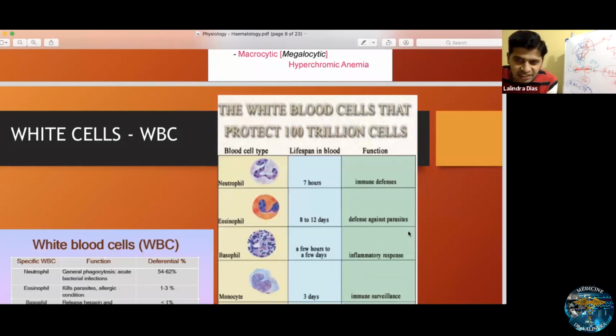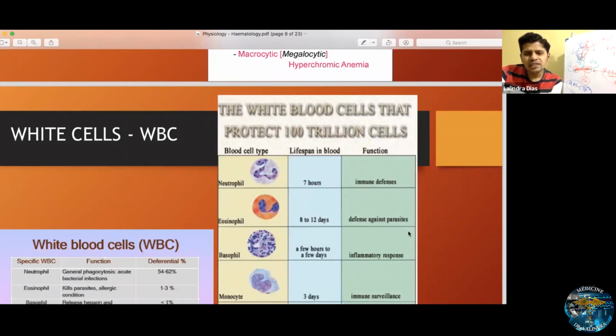When you get a parasitic infection, like a worm infestation, you have elevation of the eosinophil count. So eosinophils are elevated in parasitic infections, and they are the main defense against parasites.